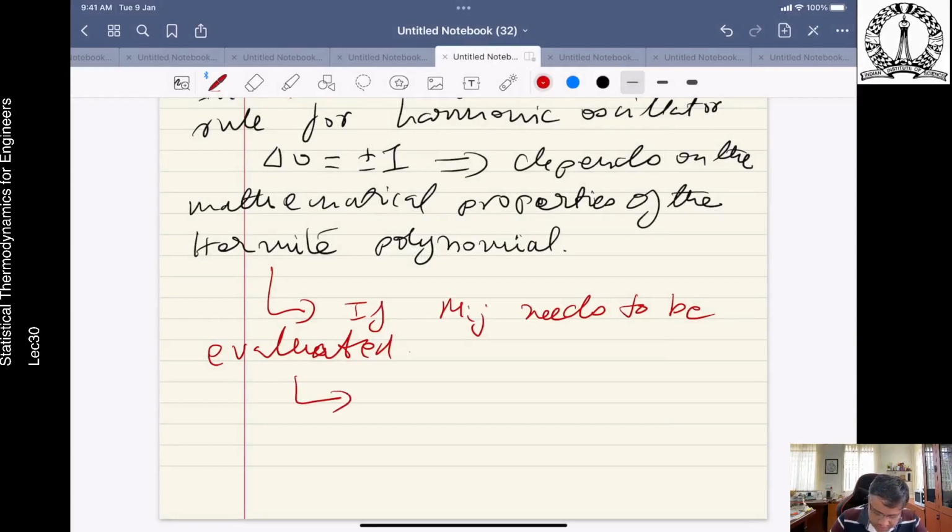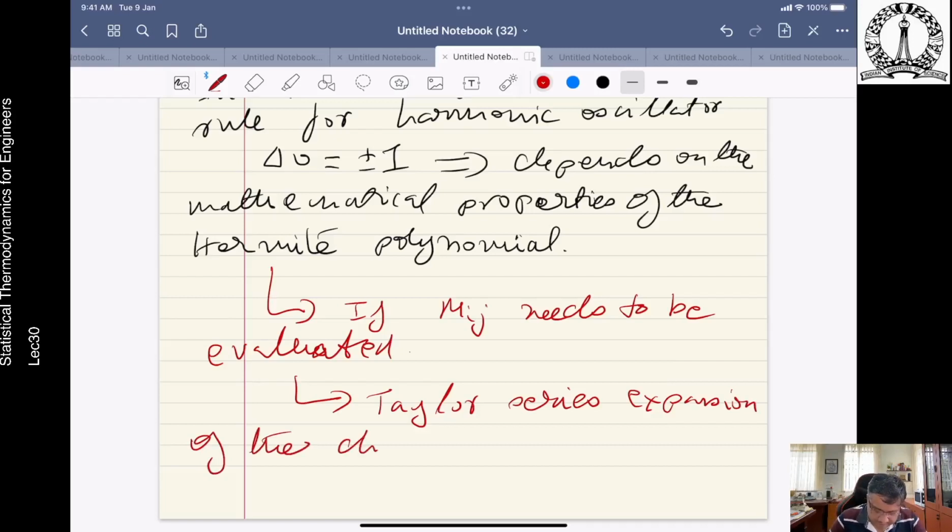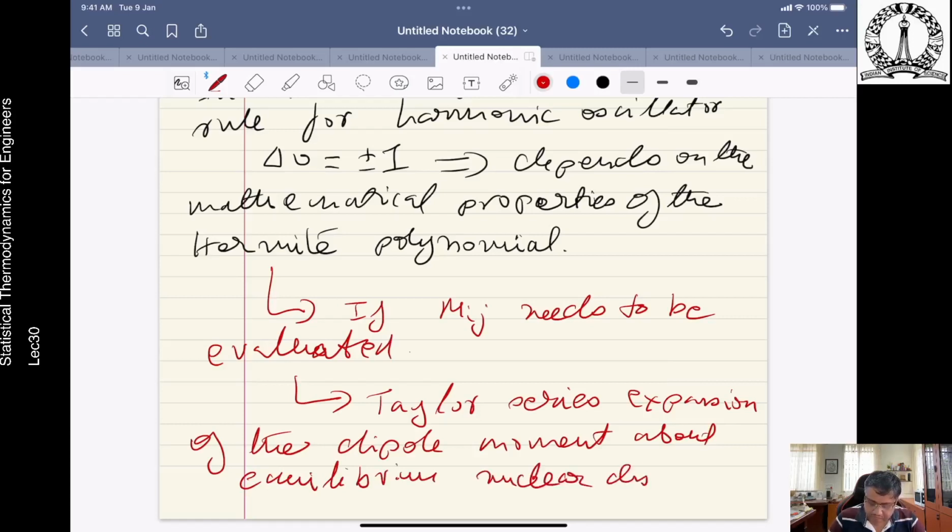This requires a Taylor series expansion of the dipole moment about the equilibrium nuclear distance, because remember, the harmonic oscillator was only valid for very small oscillations, very near the minimum of the potential, for very small internuclear distance.